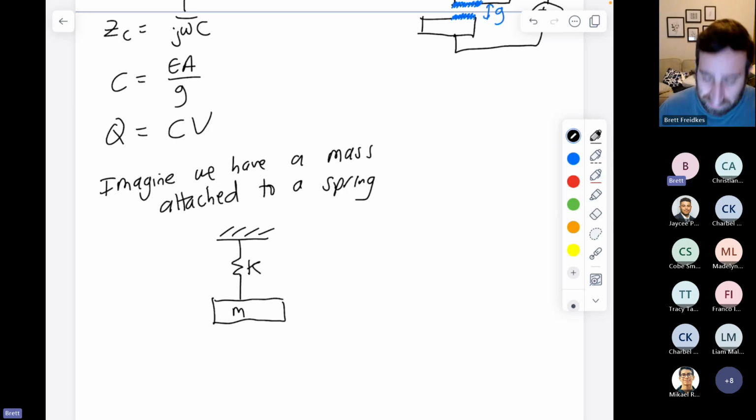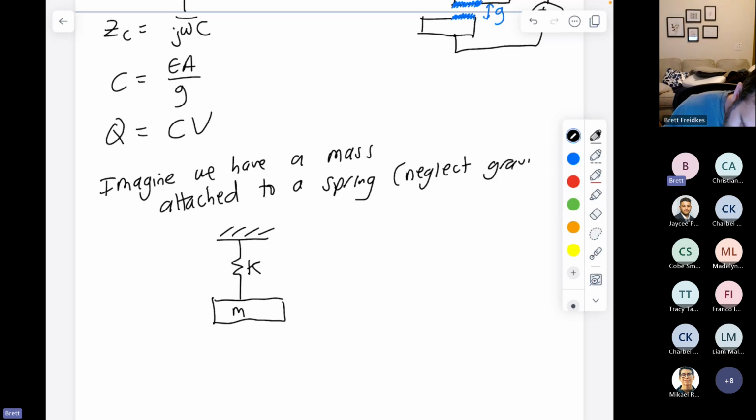I knew I drew this vertically. This is just commonly how it's done. We're going to ignore any sort of gravity or anything because I do not care about that for this problem. I'm just trying to prove a point.